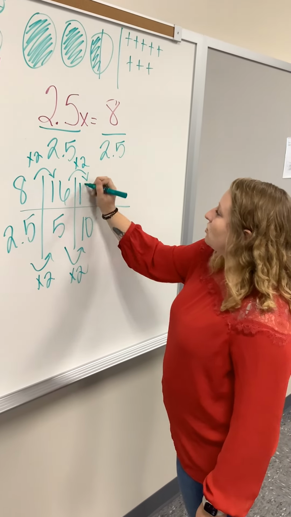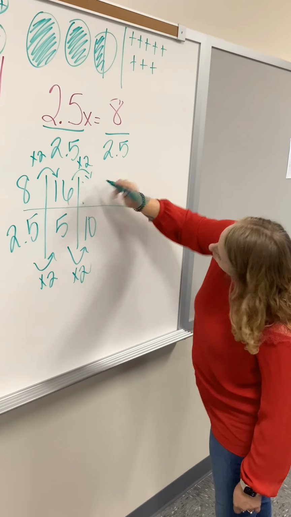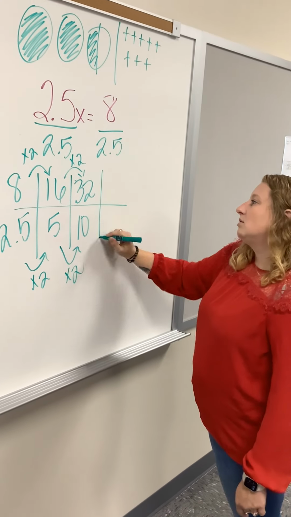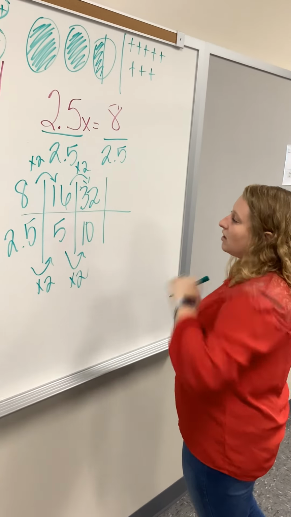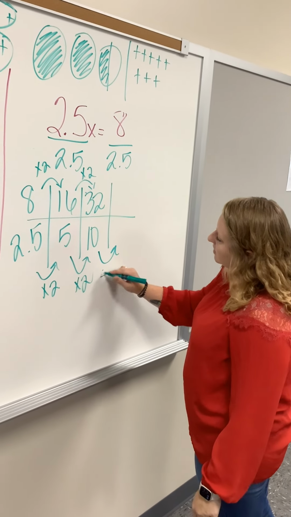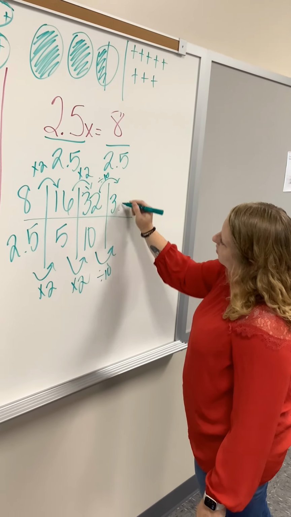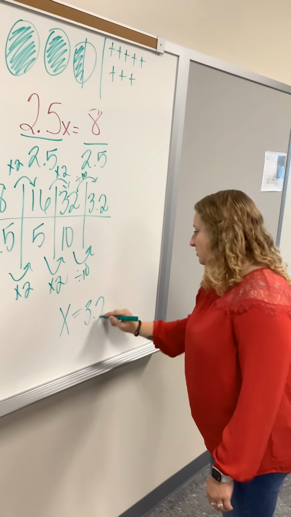So now I have 160, oh, excuse me, 32 divided by 10. So I've scaled all the way up to a friendly number, right? I have 32 divided by 10, and now I can divide back down by 10 to get 3.2. So my value of x will be 3.2.